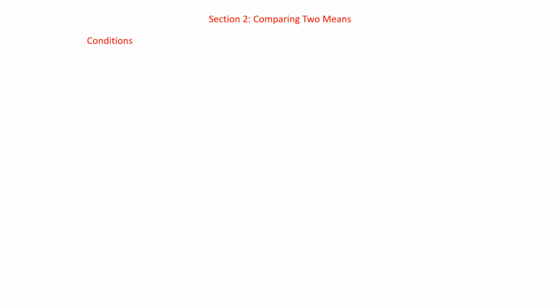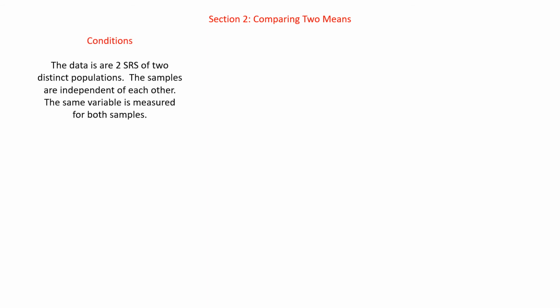So our conditions for comparing two means: the data are two SRSs of two distinct populations. The samples are independent from each other, and the same variable is measured for both samples. The same variable being measured should be a fairly obvious one because we're trying to compare the same thing.